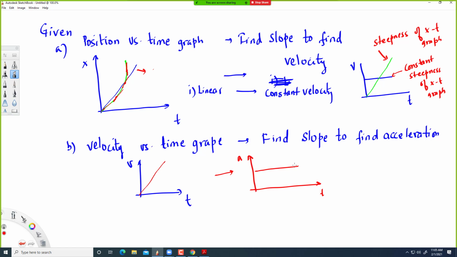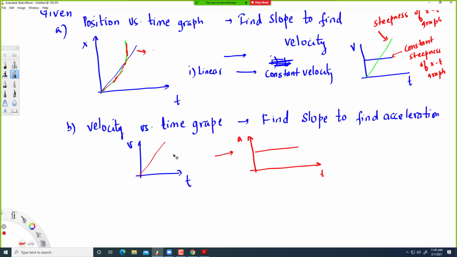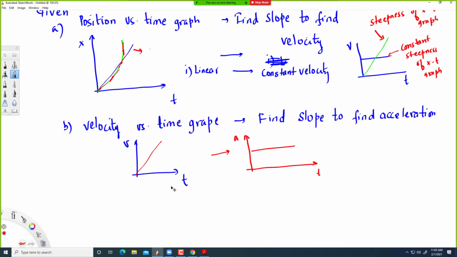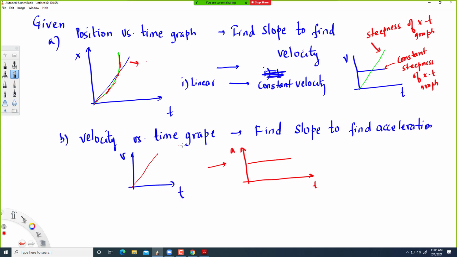Now, let's look at another case where the steepness is decreasing. Let me just erase this one.